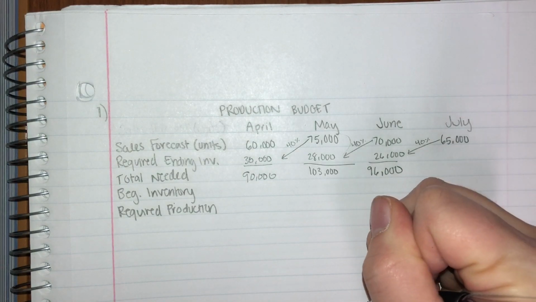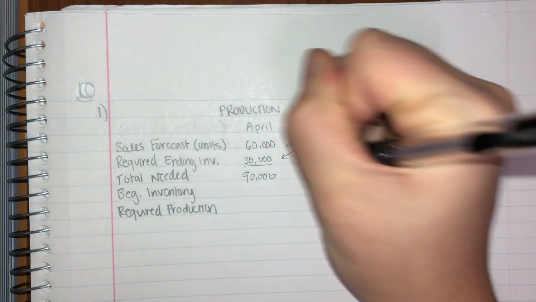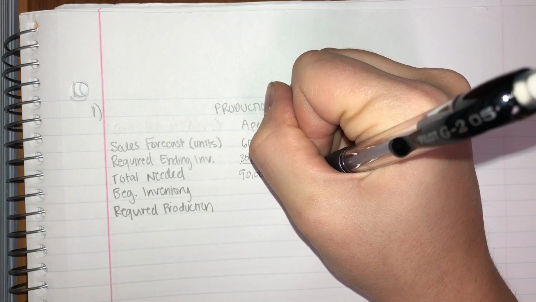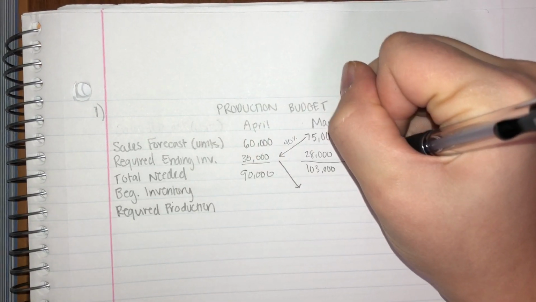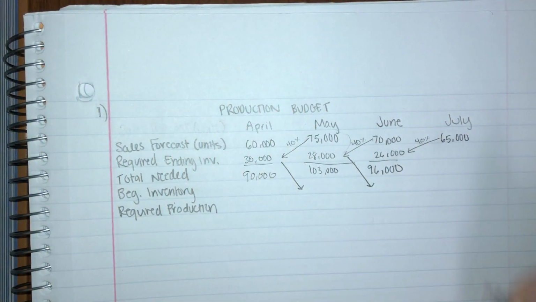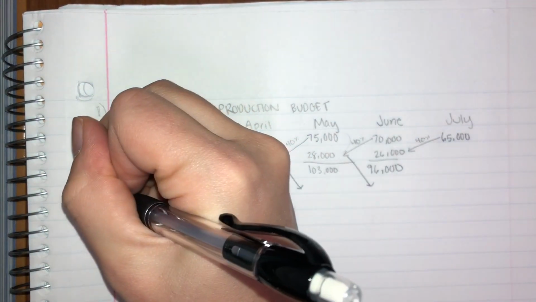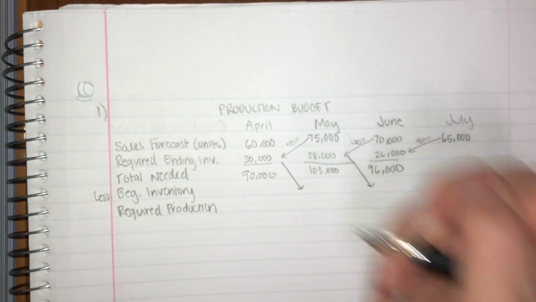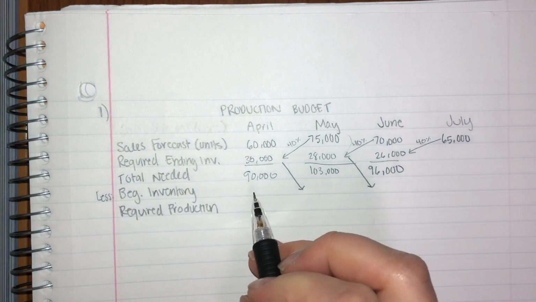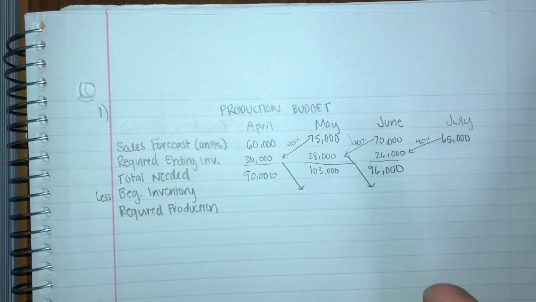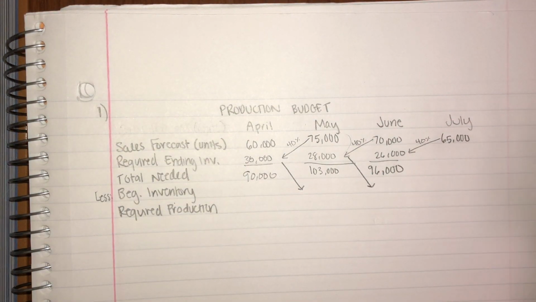So for beginning inventory, we use these arrows again. I'm going to do it this way this time. So we would bring this right here, and we're actually going to put less beginning inventory, because the beginning inventory has already been completed, so I don't have to worry about doing that next month.